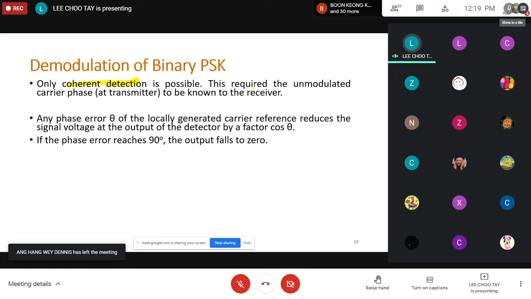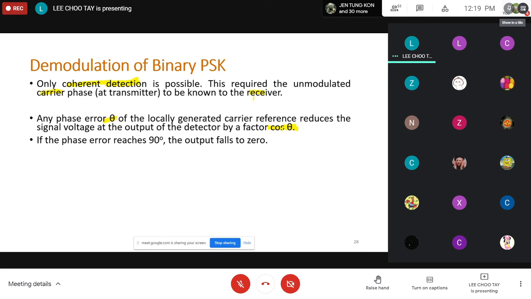Because it is coherent, you need to have a carrier phase that is synchronous to the carrier phase at the transmitter available at the receiver. So any phase error theta could reduce your signal output by a factor of cosine theta.